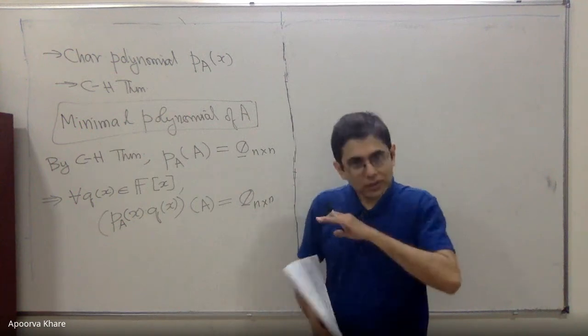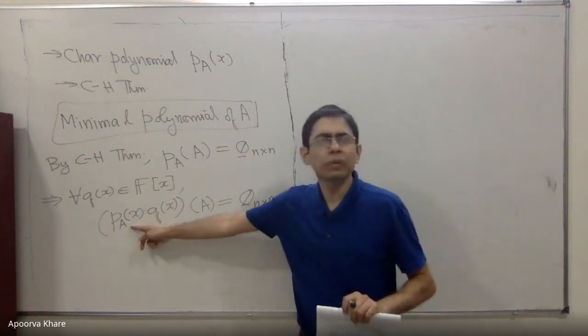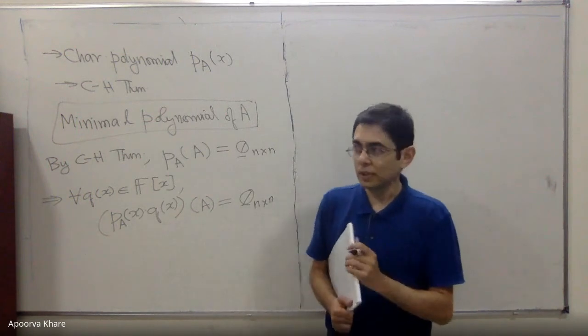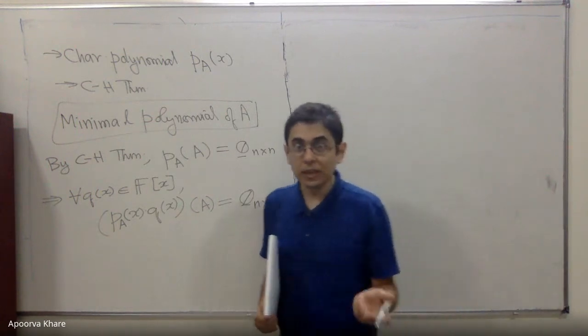So let's look at the set of all polynomials which kill A, not just the multiples of p_A, which of course kill A, but maybe there are other polynomials that kill A. Can we describe all of them?